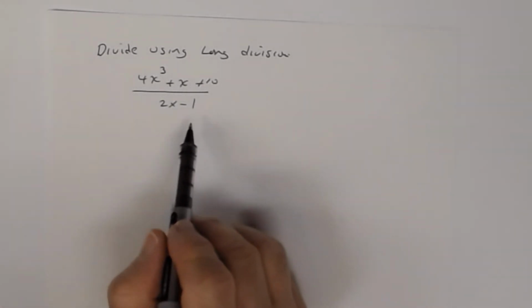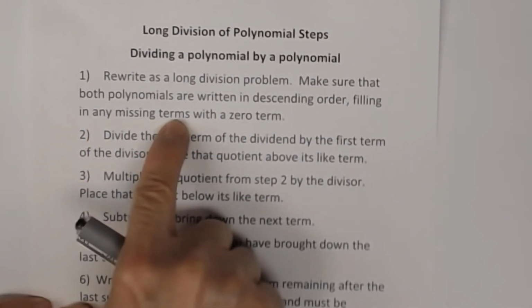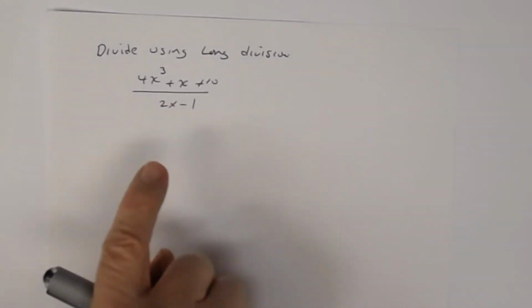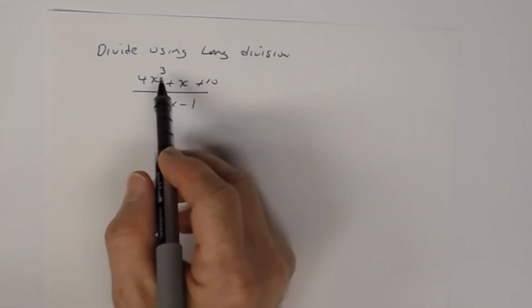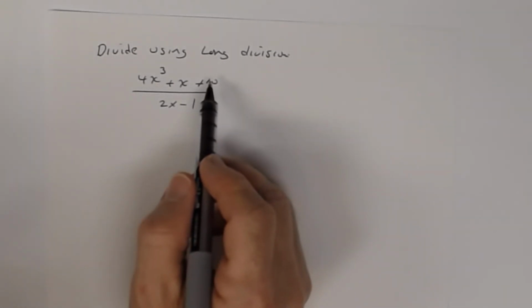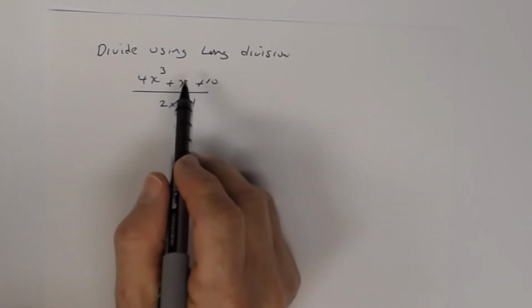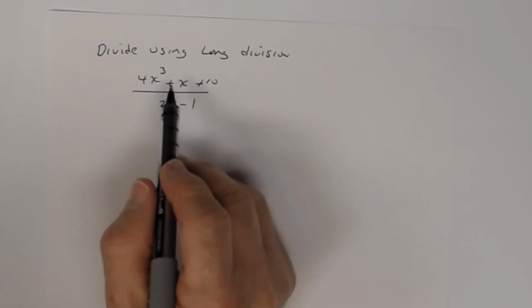Now notice in step 1, filling in missing terms with a 0 term. I am missing a term because the largest exponent is 3, so the next one should be x squared. I don't see an x squared at all. So that's my missing term. I see an x and I see a constant, but I do not see an x squared.